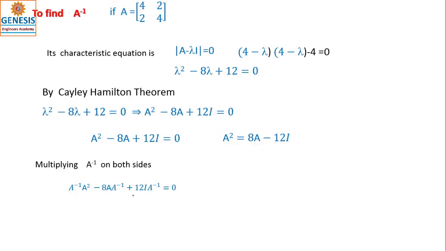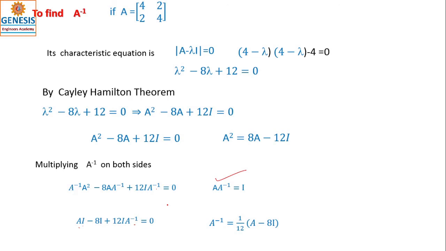From A square I take one A, and A inverse times A gives I, and so on. So A inverse is equal to A minus 8I, divided by 12. That is the A inverse directly.